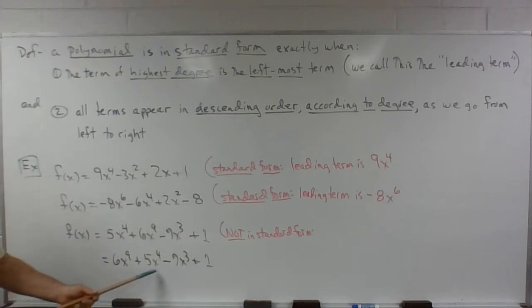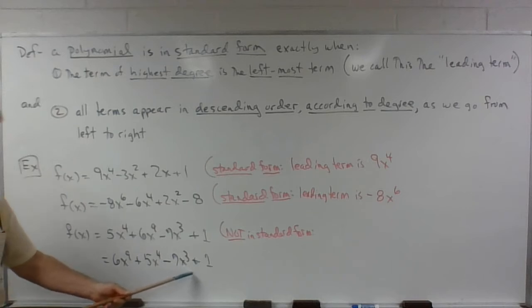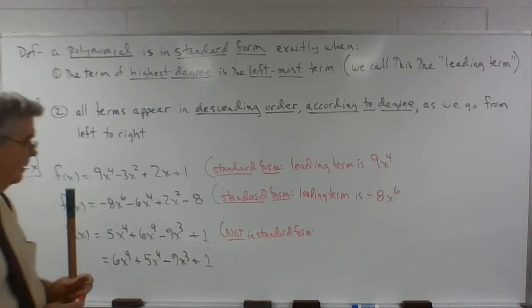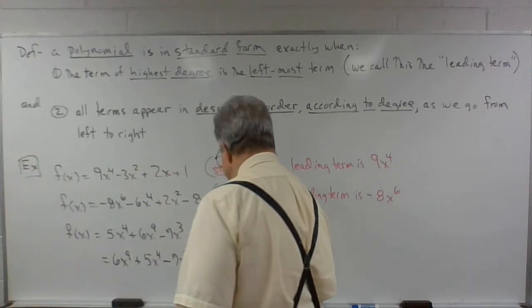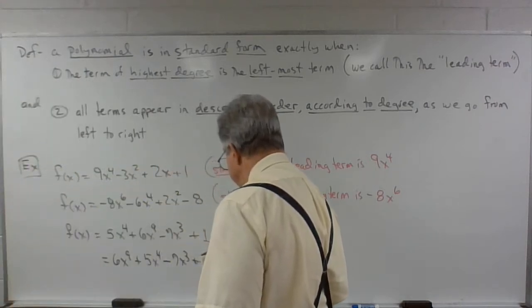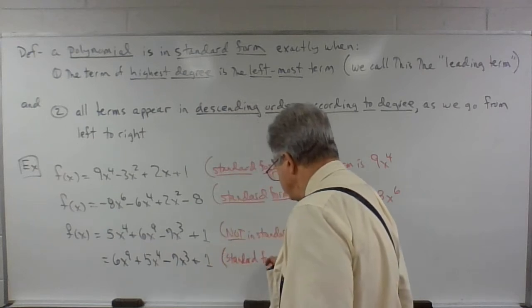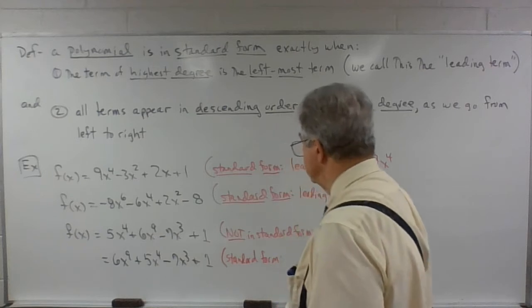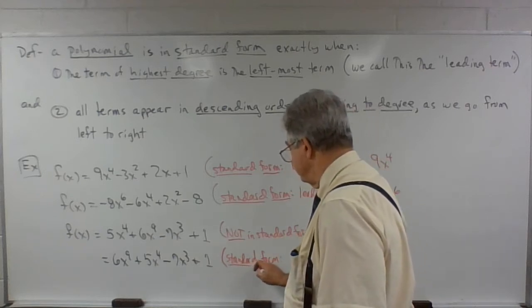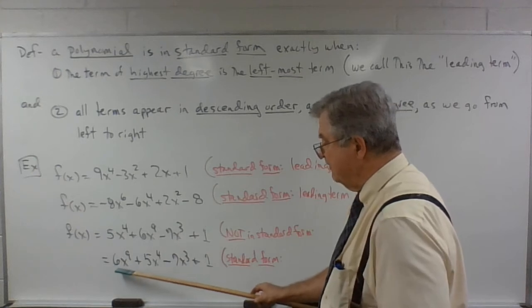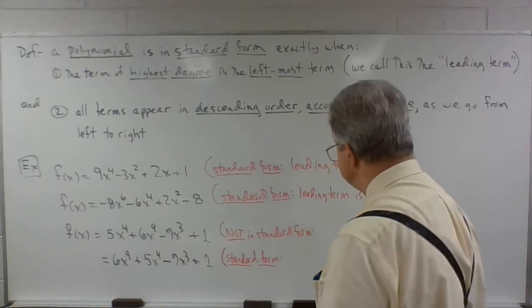Degree 9, degree 4, degree 3, degree 0. We've got it. So now I can say that it is in standard form. And I can say the leading term is the leftmost term, which is 6x to the 9th.